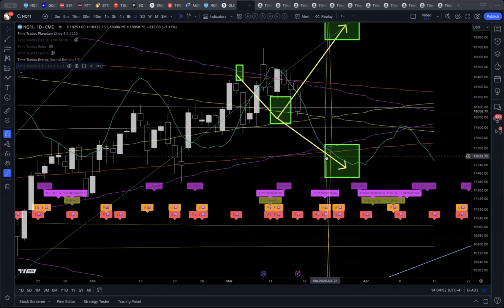It elected to choose the lower track, and we've got some planetary line support down here in the 17,600 region. More importantly, we don't have any declination or nodal events. So there's nothing to really think that the speed index is going to invert over the next few days until we hit 0 degrees declination in combination with that juice spike.